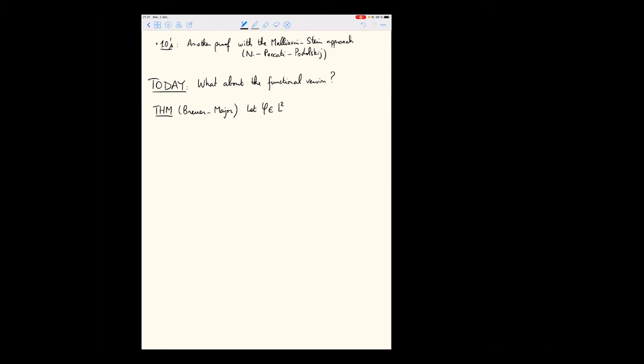So let me just rewrite the situation. We have a phi which is square integrable with Hermite rank d bigger than or equal to 1, which is equivalent to saying that phi is centered. We assume that this sum is finite, so R is d-integrable.